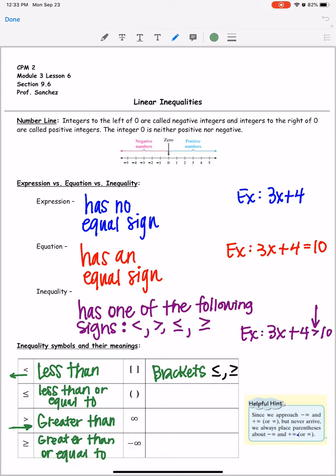And then here we have parentheses. These are going to be with your less than and greater than symbols. And it's also going to be with your infinities. That's what this helpful hint is talking about.